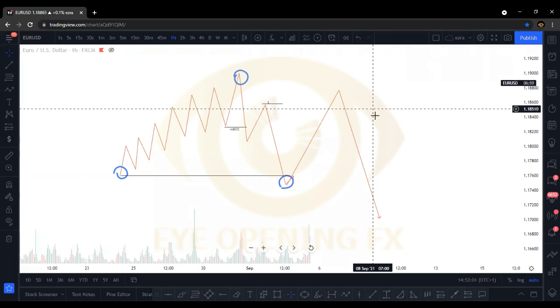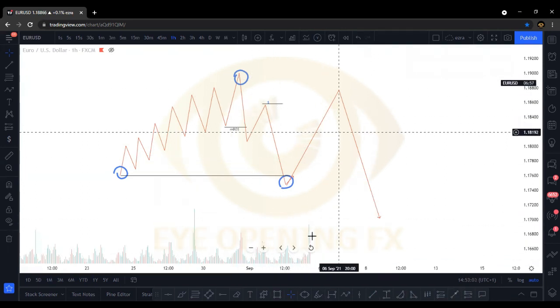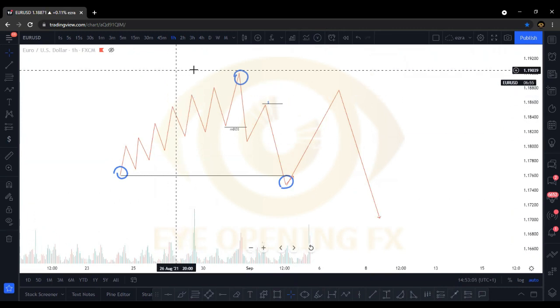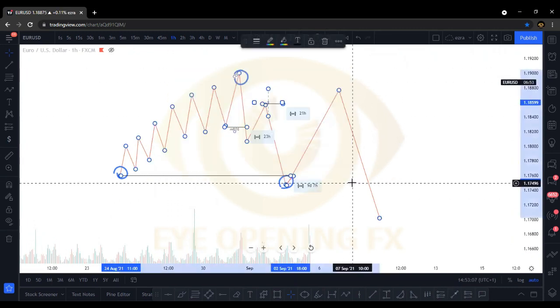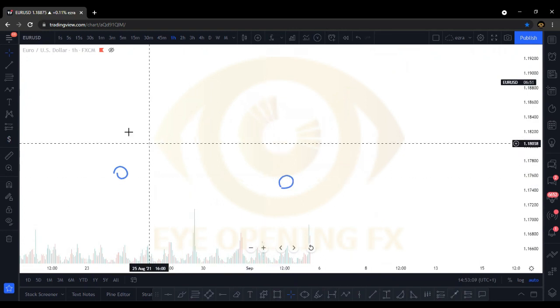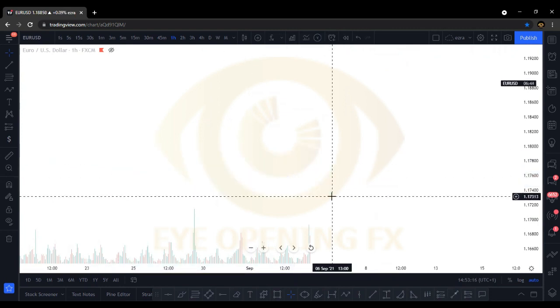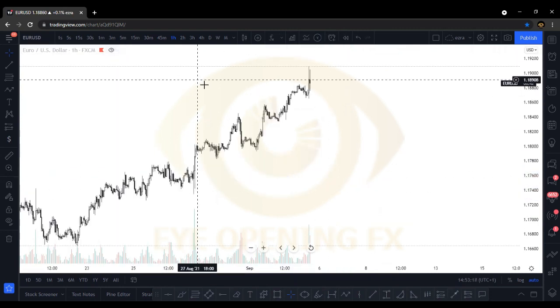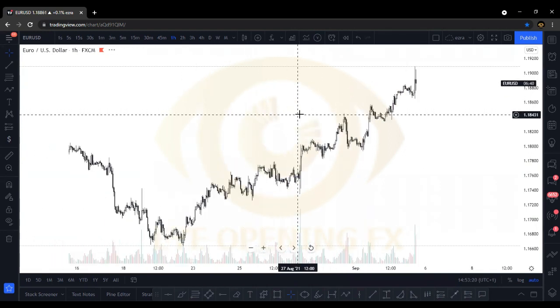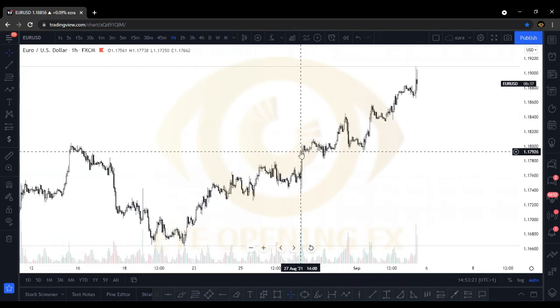Now, let's take another case study of some things that happen. Now, this is Euro USD.